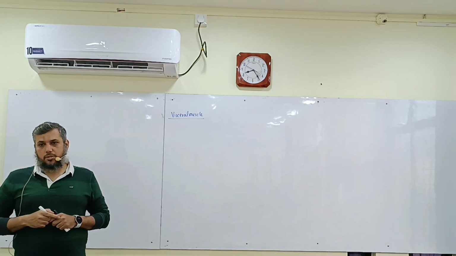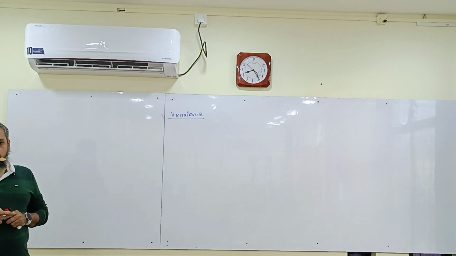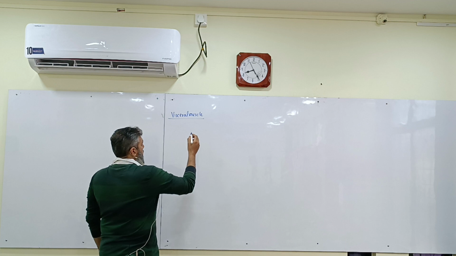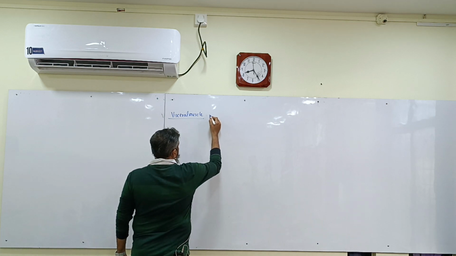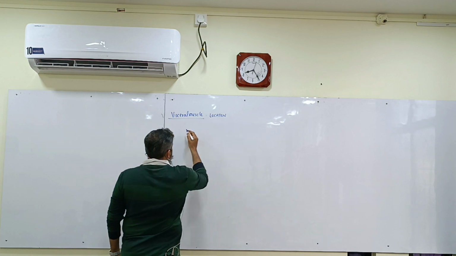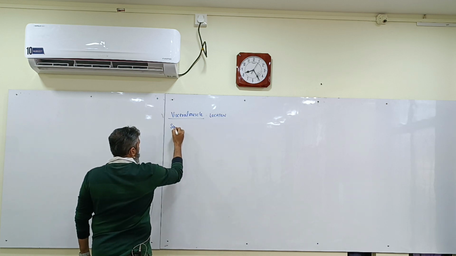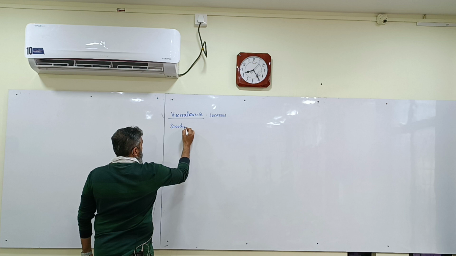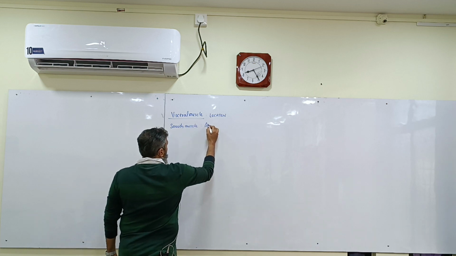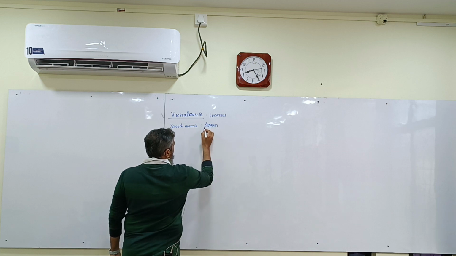Visceral muscles. Visceral muscles are also called smooth muscles. So they are called visceral muscles with respect to their location, and they are called smooth muscles with respect to how they appear.